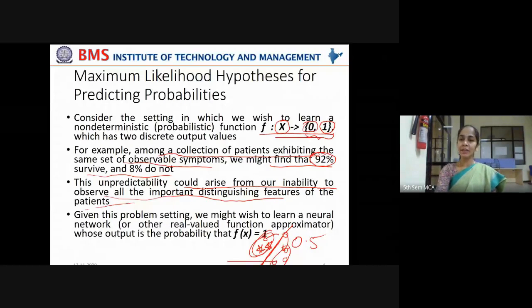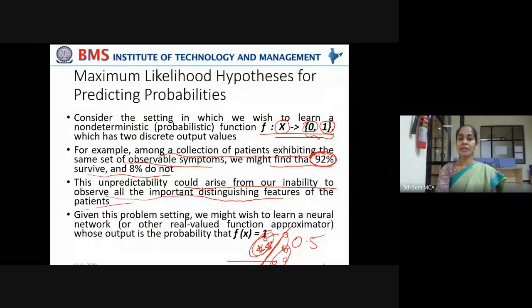That is why 92% of the patients we are able to observe according to what symptoms they are surviving. But same symptom patients, 8% of them are not surviving also. There is some uncertainty in the hypothesis. There is some uncertainty in the outcome. Why is it? Because there may be some symptoms which are unpredictable, which are unobservable.